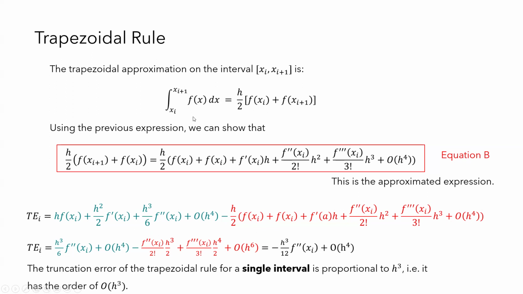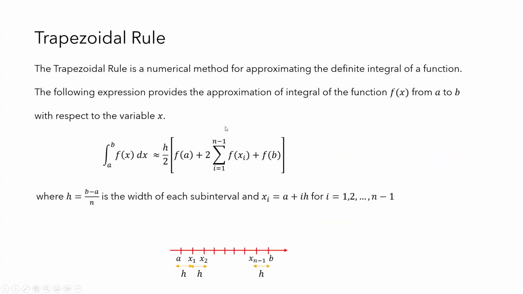Okay, this is not the whole range, because you know that we are integrating the function from a to b, but we calculated the truncation error for a single interval. It has a truncation error of order h to the power 3.